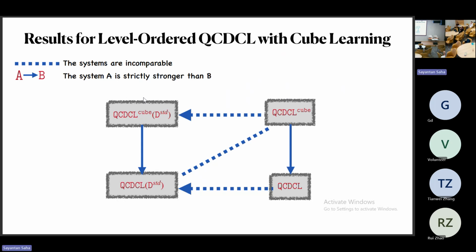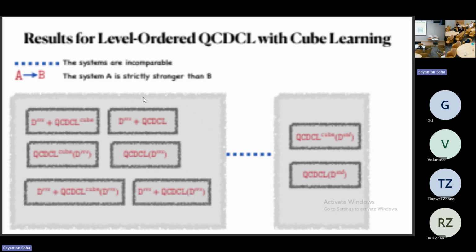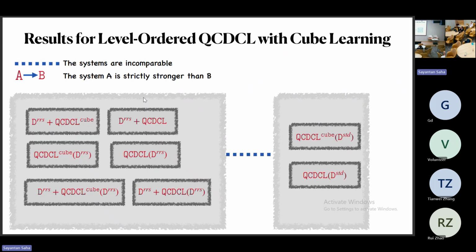So this was all just restricted to level ordered systems. And the final thing for level ordered systems is that how the dependency scheme is added makes a big difference to the strength of the proof system. It is not the case that adding dependencies in one particular way is better than adding them in others.